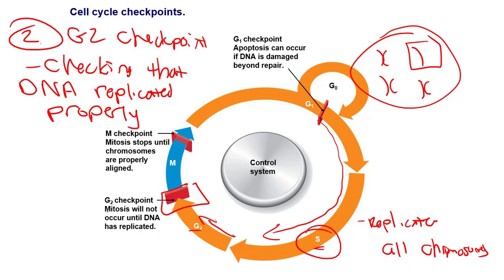So that's what G2 is checking for. It's checking to make sure that the DNA all replicated properly. Again, if it did, everything looks good, we're going to go on to the next phase. But if it didn't replicate properly, then the cell is going to have to try again to repair itself. And if it can't repair, it's just too damaged, then apoptosis.